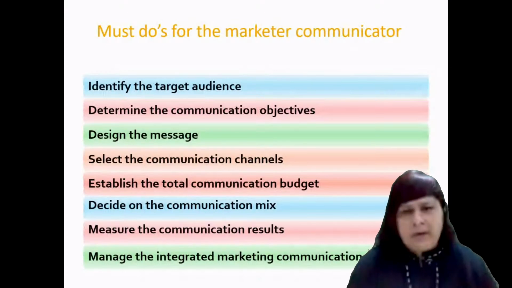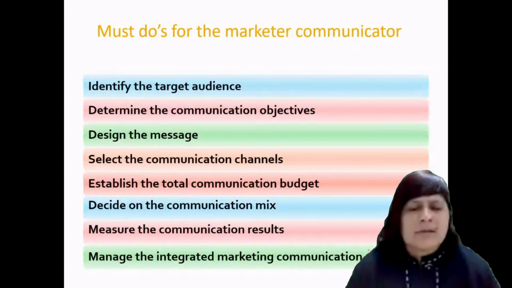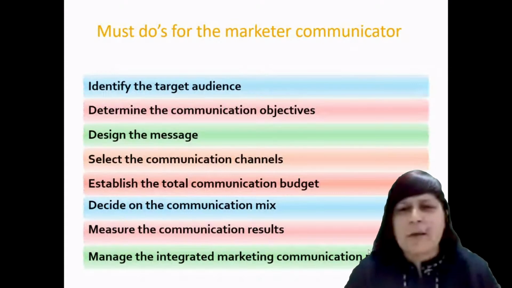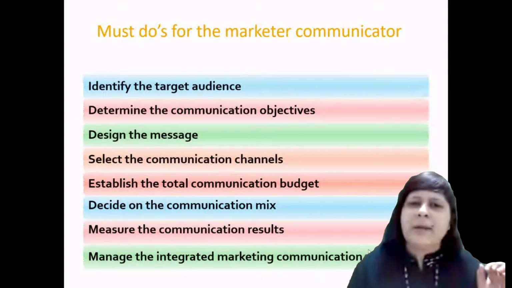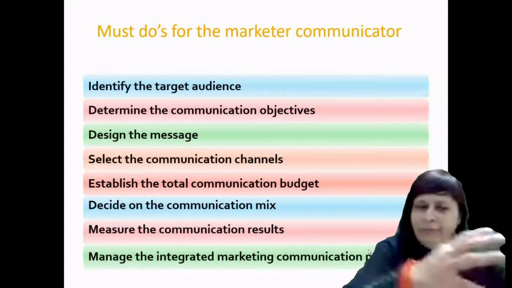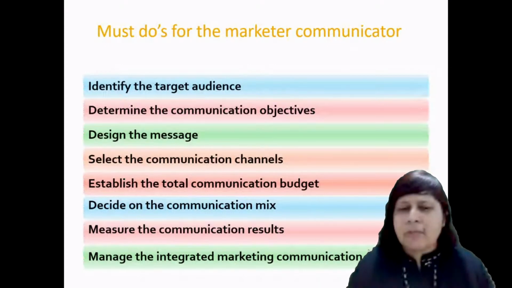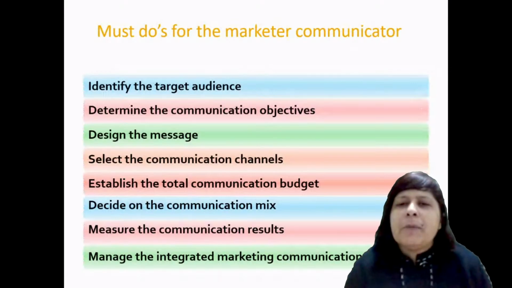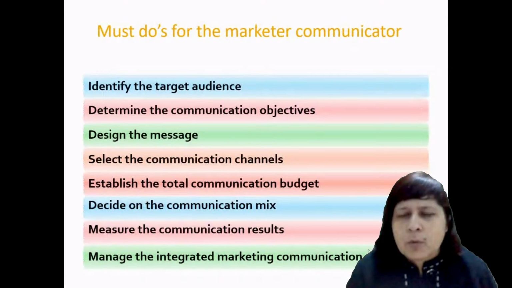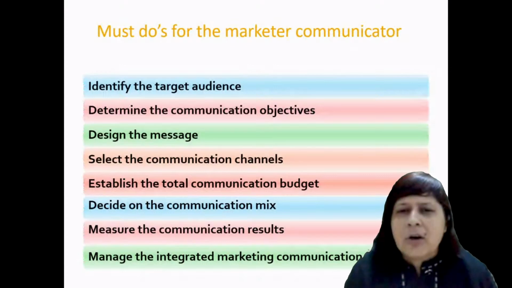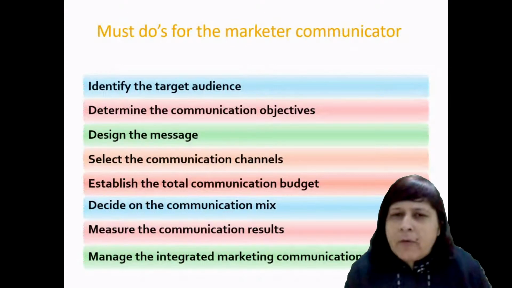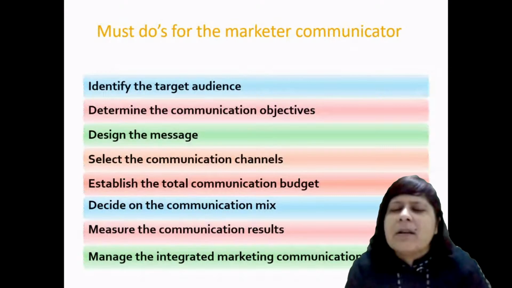We discussed this, segmentation and targeting. Segmentation is when we divide the heterogeneous market into homogeneous markets. Heterogeneous means people have different tastes, needs, and wants, and we divide this heterogeneous market into smaller homogeneous markets, meaning we group the people who have similar tastes, wants, and needs, right?